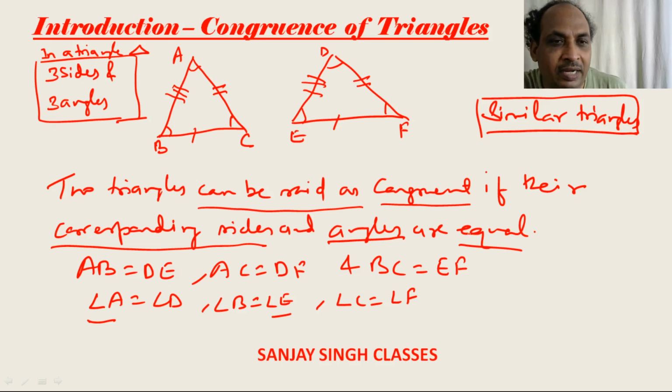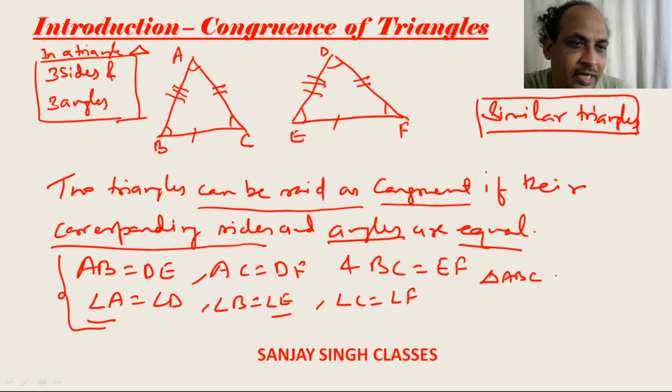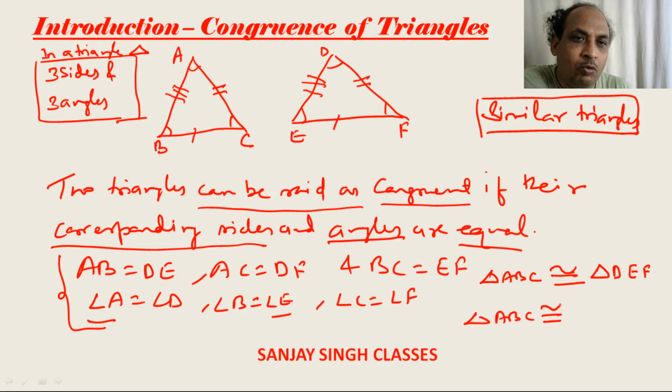Right? So if we are writing triangle ABC, and these conditions are satisfied, then triangle ABC, we are using this particular sign to denote that it is congruent, and triangle, we must write DEF. We cannot write triangle ABC is congruent to triangle EDF.